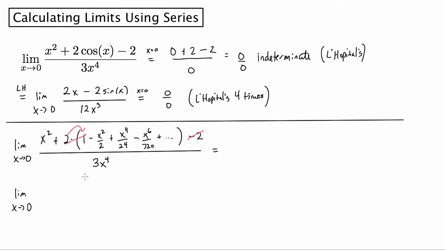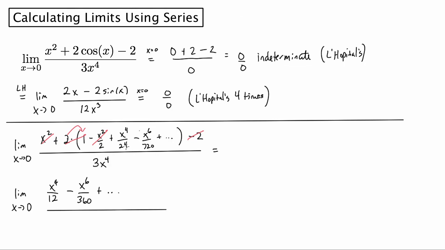The very first term that you would see would just be x to the 4th, remember the 2 here, so it'd be 2 over 24, x to the 4th over 12. And then the next term would be minus x to the 6th over 2 times 720, which is 360, plus the infinite series remaining. All of the other terms went away.